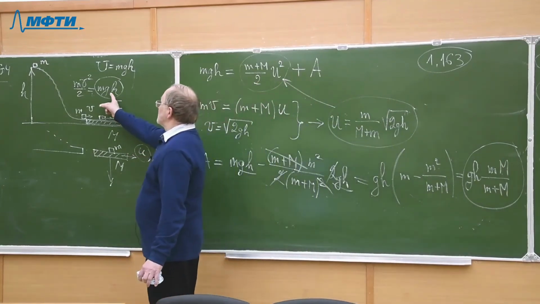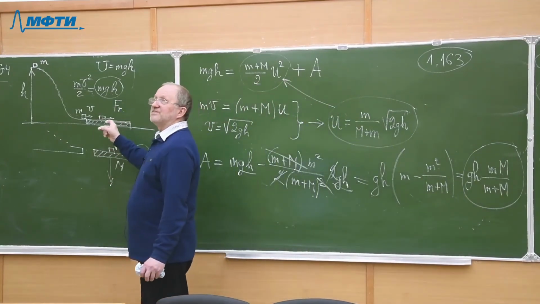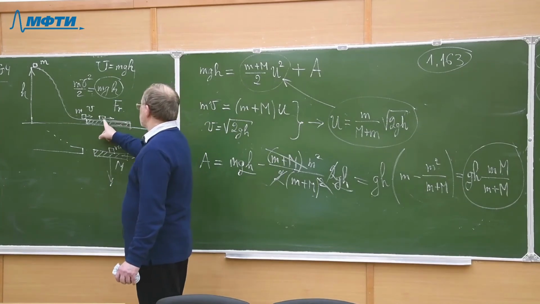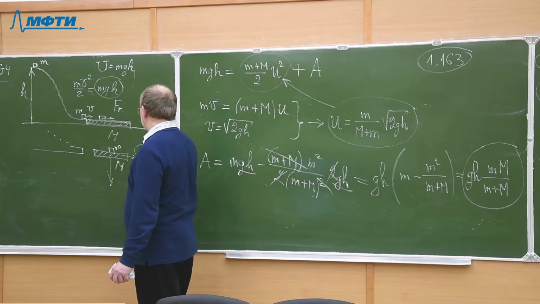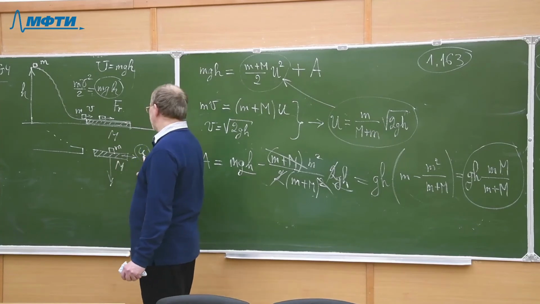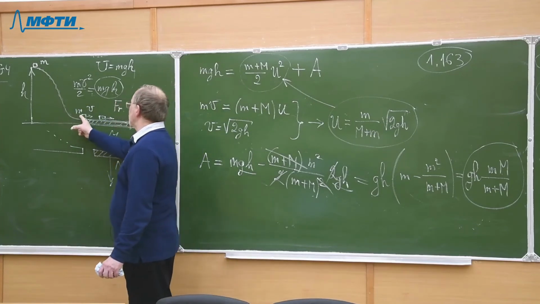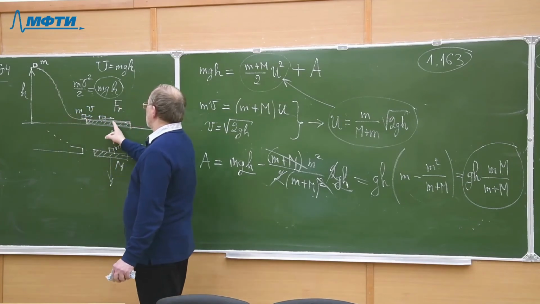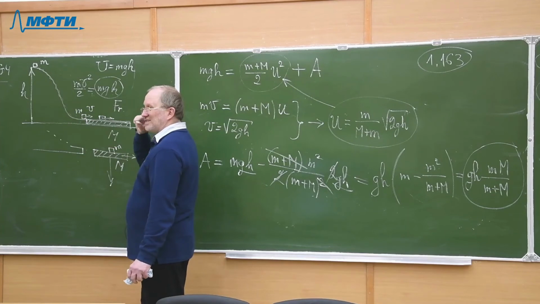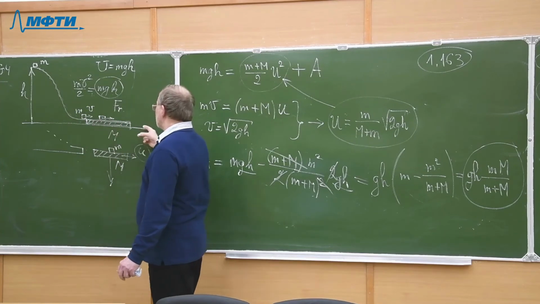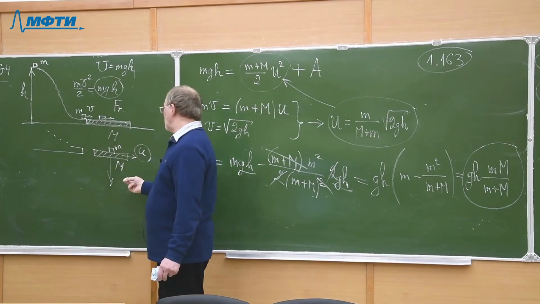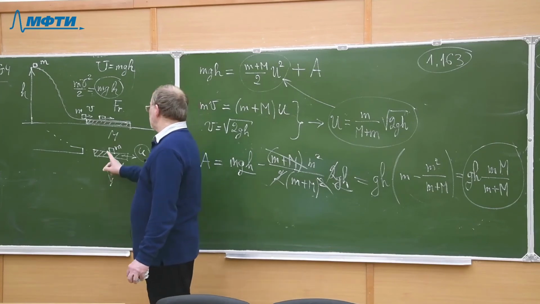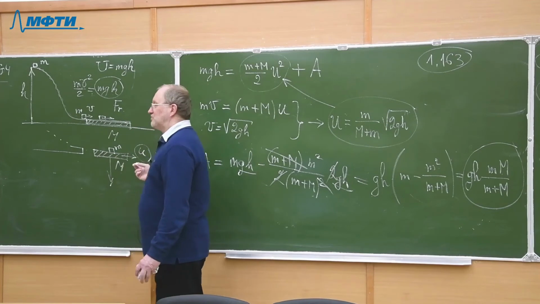That's quite reasonable, because if the plank is very massive, is very hard, then the small body will hardly move it. The velocity will be very small, practically negligible, and all the initial potential energy will be transformed into work against friction, into internal energy. And the final kinetic energy will be very small. If capital M goes to infinity, then the plank will not move, will not shift.